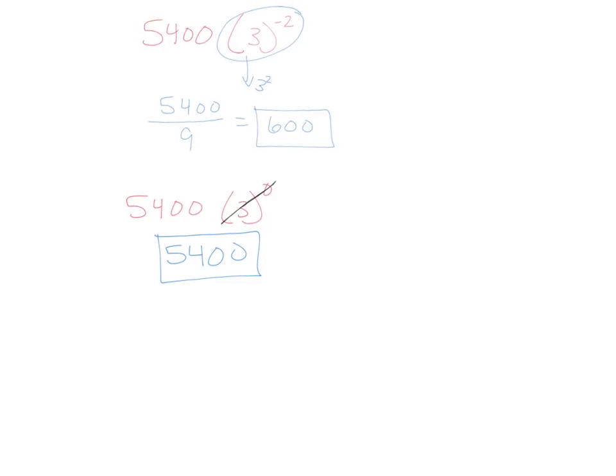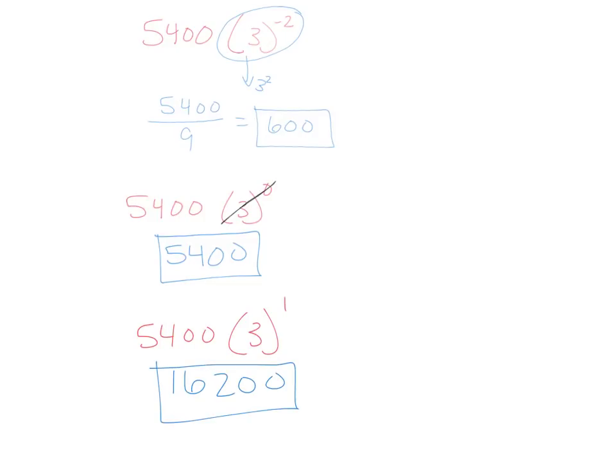And then on the next one, we've got 5,400 times 3 to the first. Well, 3 to the first is just 3, so 5,400 times 3 is 16,200.